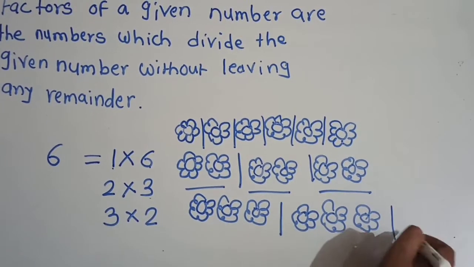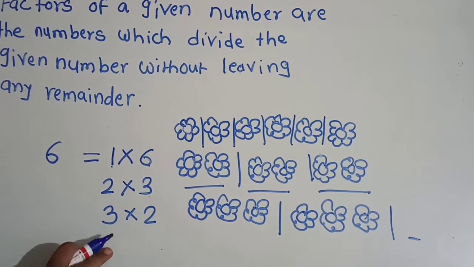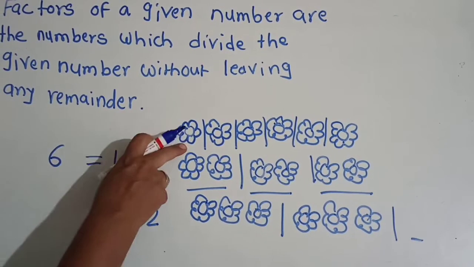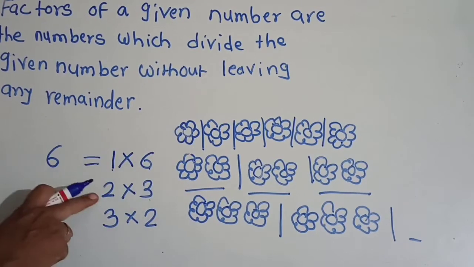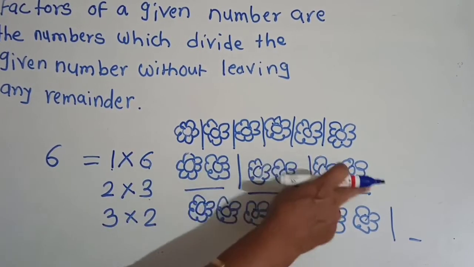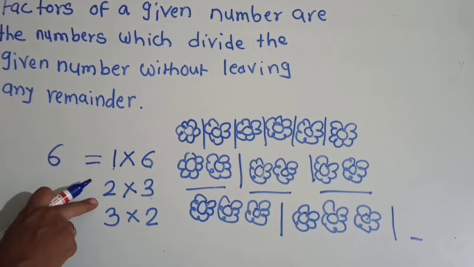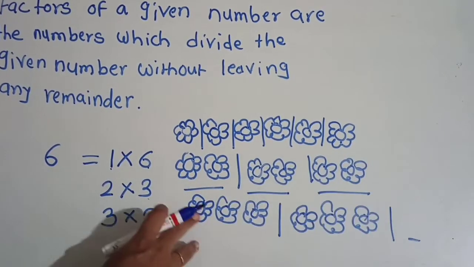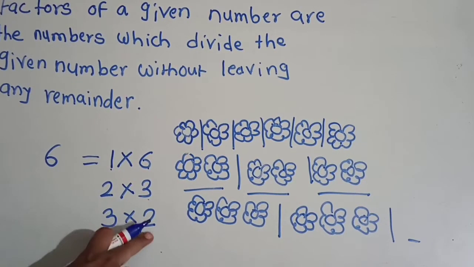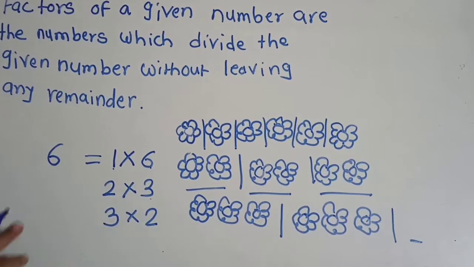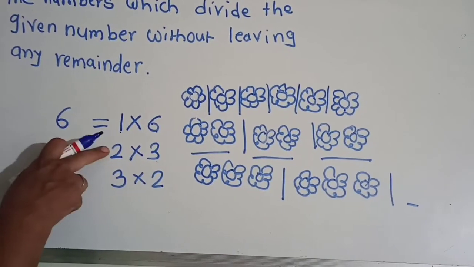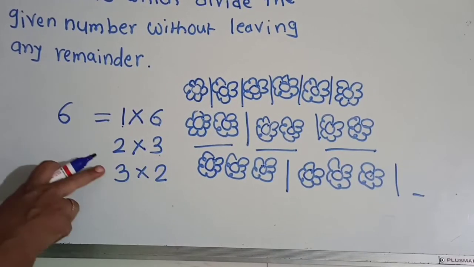Here again no remainder. Means children, when we make 1 six is 6, equal 6 groups. Then 2 threes are 6, 2 flowers and 3 groups, no remainder. Then 3 flowers and 2 groups, no remainder. Here we repeat this: 2 threes are 6 and 3 twos are 6.